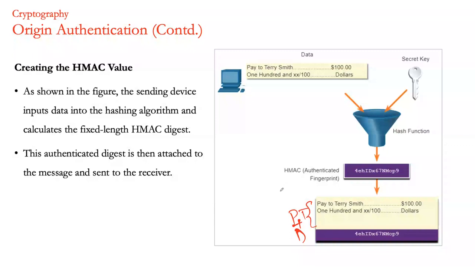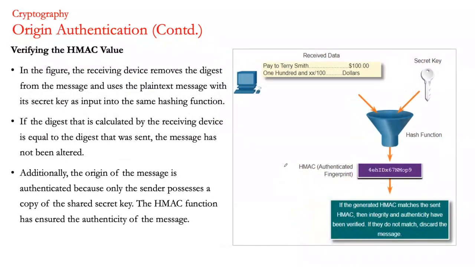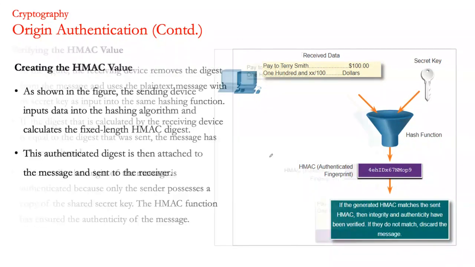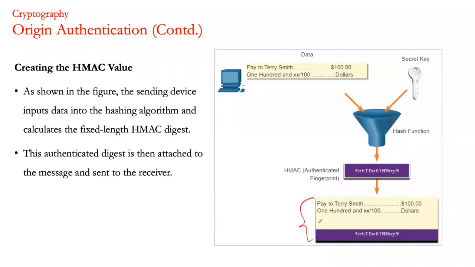Now, upon receiving this message, the receiver has to verify whether that message was sent by this user or not. Upon receiving this message from the sender, the receiver separates this digest from the plain text.